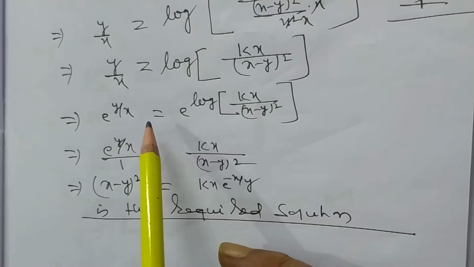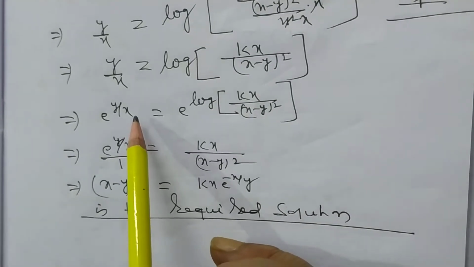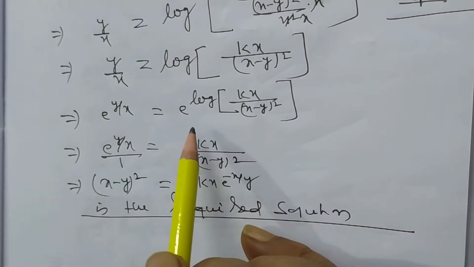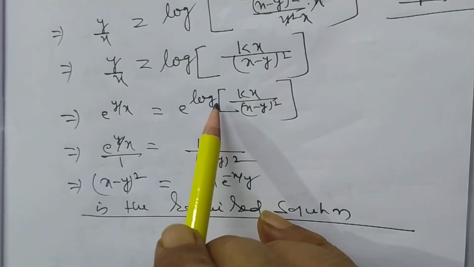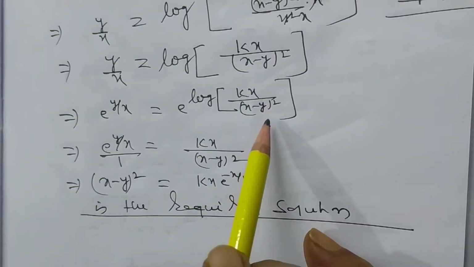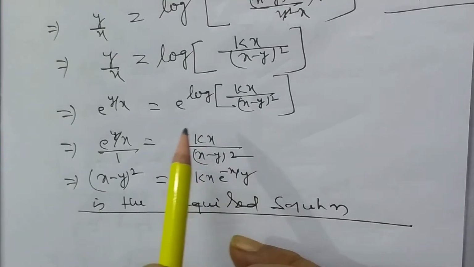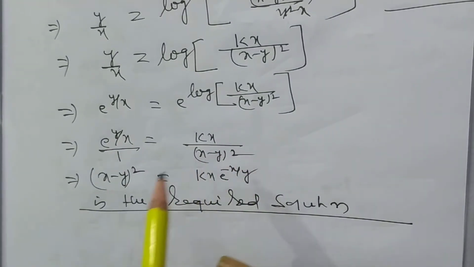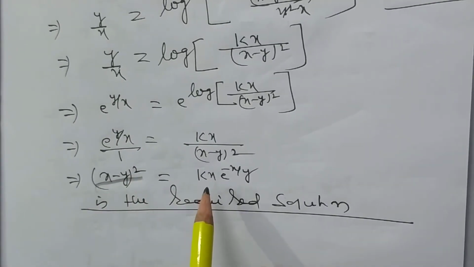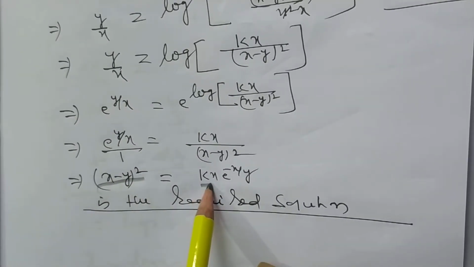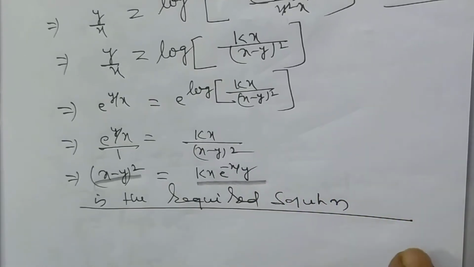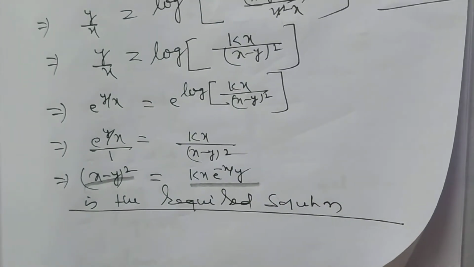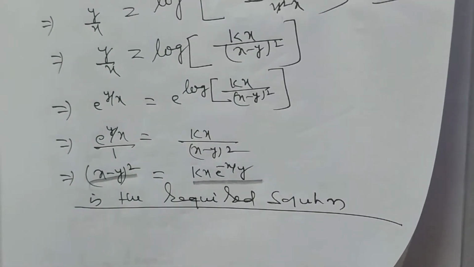If we take log on the base e, we have e to the power y by x is equal to kx by (x minus y) square. So e to the power y by x is equal to kx by (x minus y) whole square. So (x minus y) square is equal to kx into e to the power minus y by x, is the required solution.